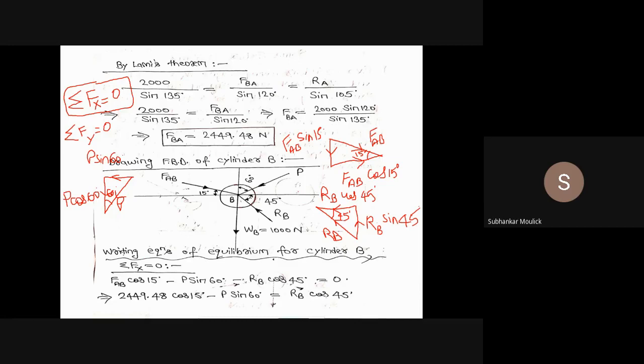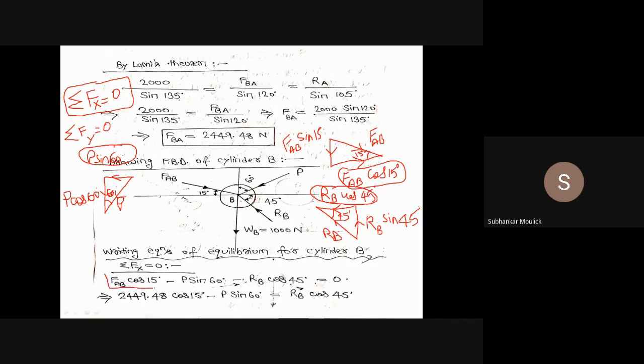So if I am writing summation Fx equal to 0, what can I write? I can write plus FAB cos 45 because it is in the positive x direction. Then minus P sin 60, it is in the negative x direction. And minus RB cos 45 equal to 0.